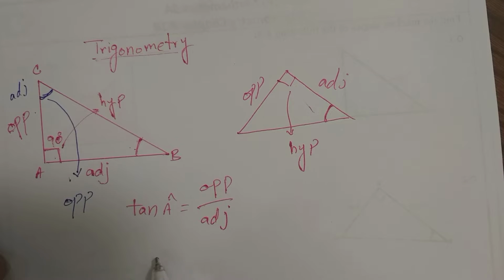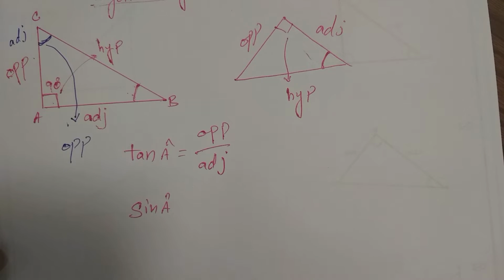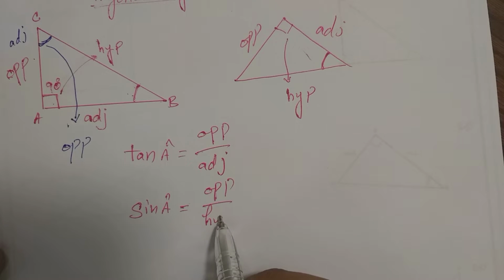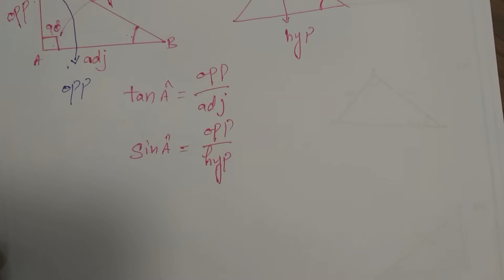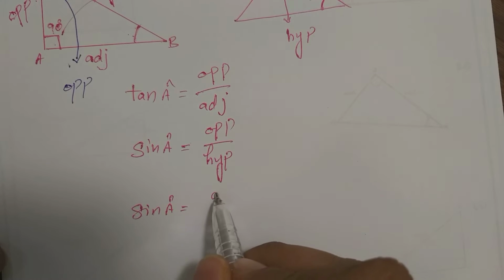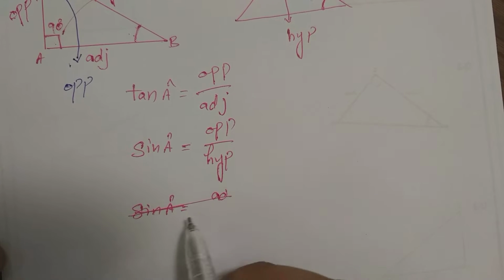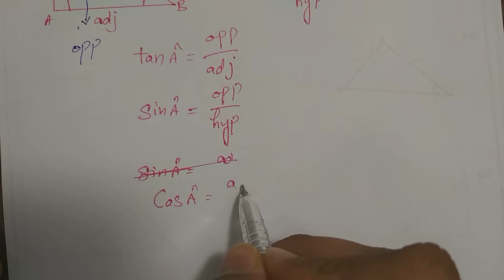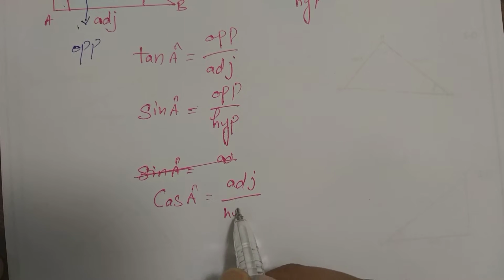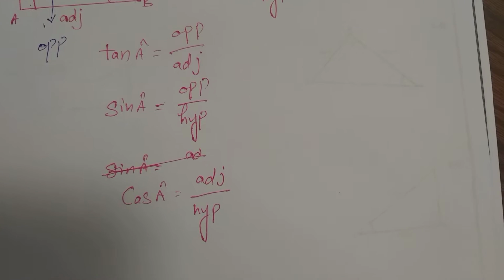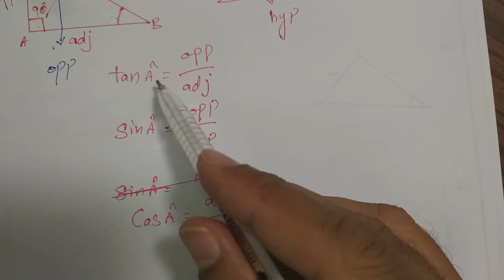The second is sine angle equals opposite over hypotenuse. The third is cos angle equals adjacent over hypotenuse. So whatever information you are given, you just substitute in the question, and the rest of the things you can find.